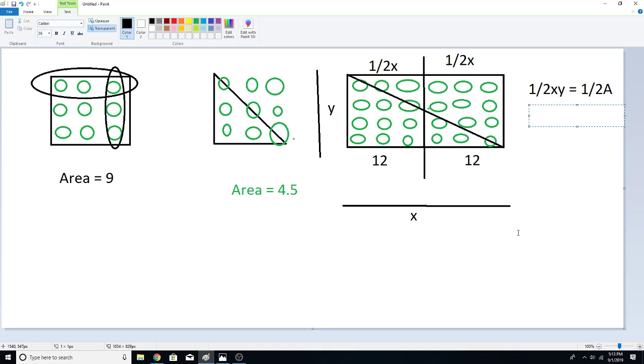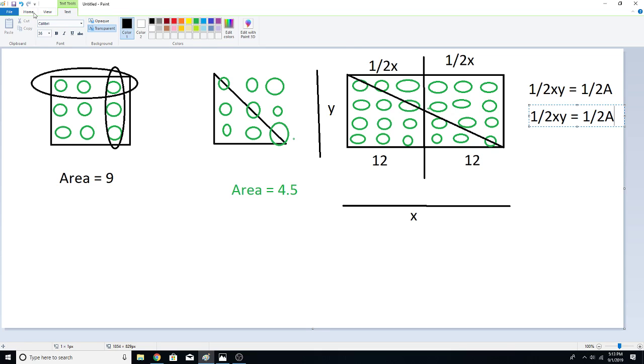So half of X multiplied by Y equals half of A. So half of XY is half of A. So there we go. We've just proven that for the triangle.